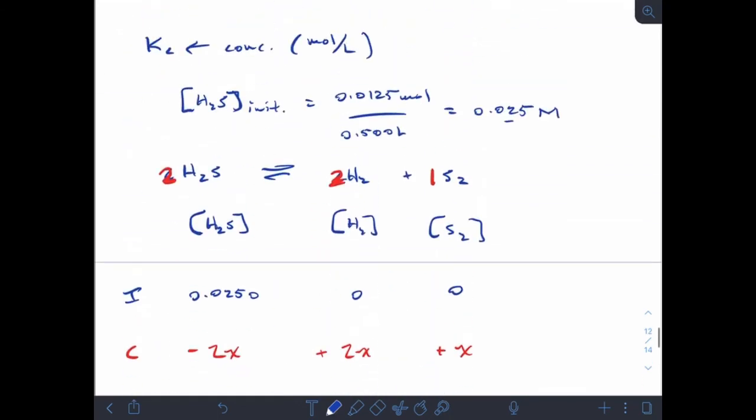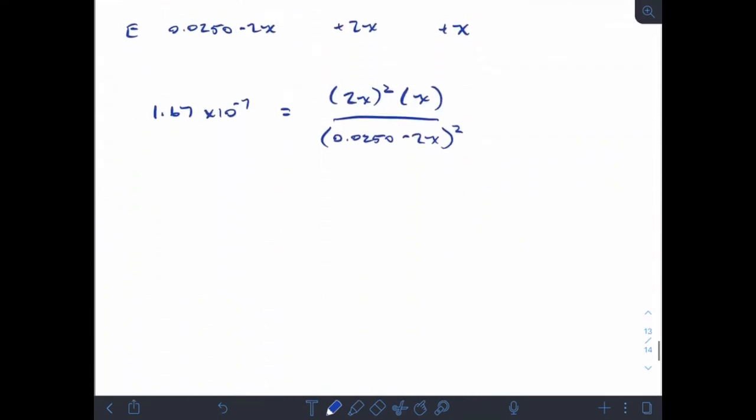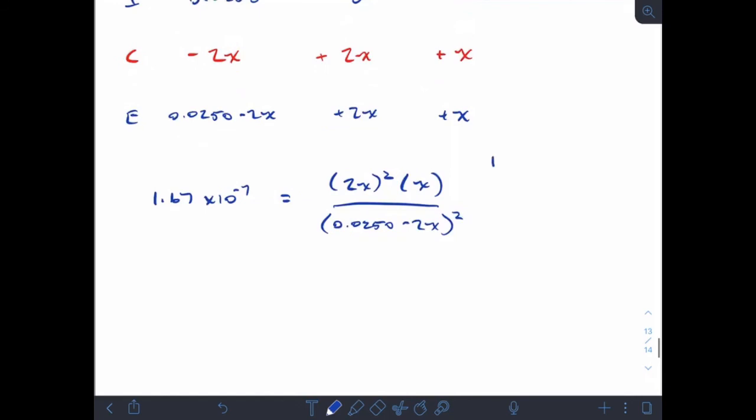And I wasn't careful about writing a K expression, so let's write our K expression right here. Kc should be, make sure that I do this correctly, products over reactants, so I'll have H2 squared times S2 over H2S squared.